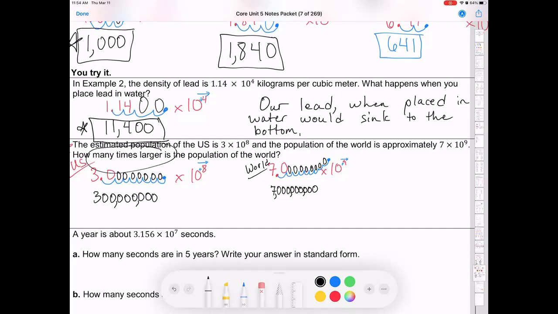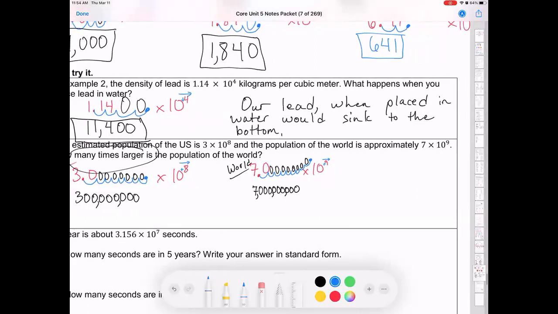Awesome job to that individual. It was suggested to just take the world population, 7 billion, that's 1, 2, 3, 4, 5, 6, 7, 8, 9 zeros, and divide it by the US's population, so 300 million.